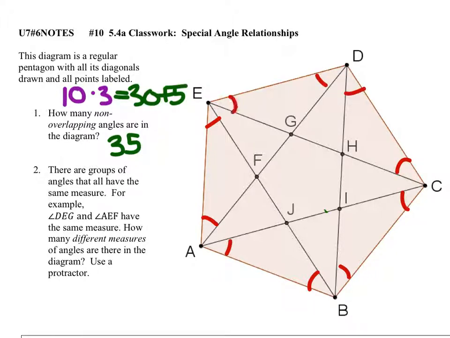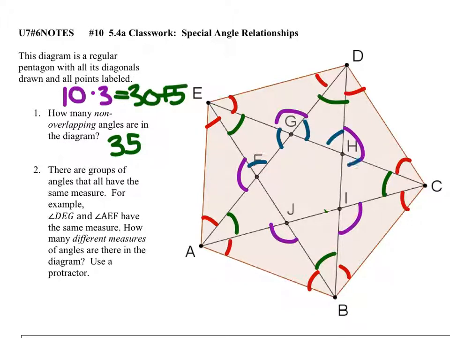So that gives us 1 angle measure. And then all these angles on the other side of these triangles right here would be the same. And then we've got these angles right here in green. So this is 3 total different angles. And then all of these are the same.